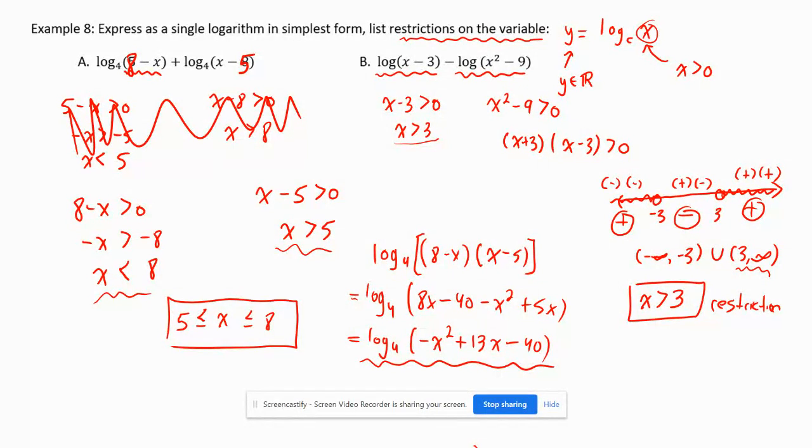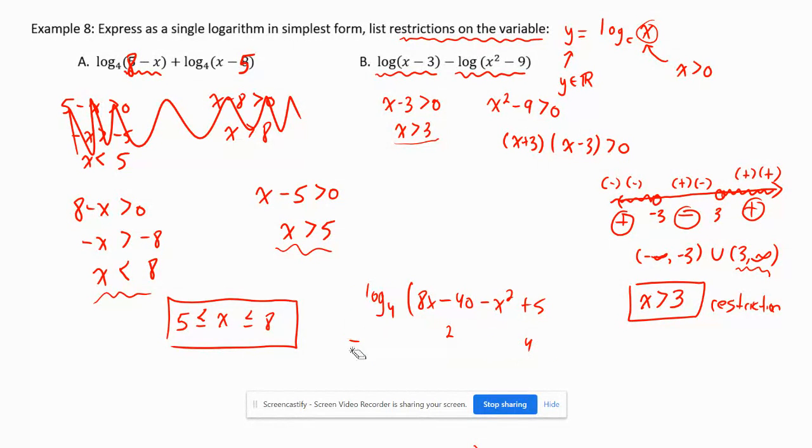I'm just going to erase some of this and give myself some extra room. So again, the other part of the instructions says write as a single logarithm in simplest form.